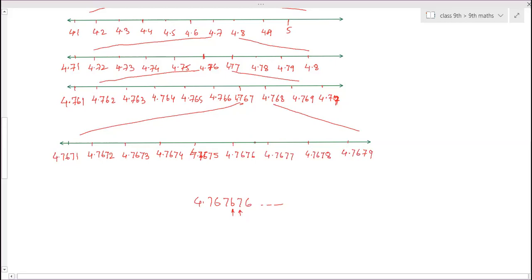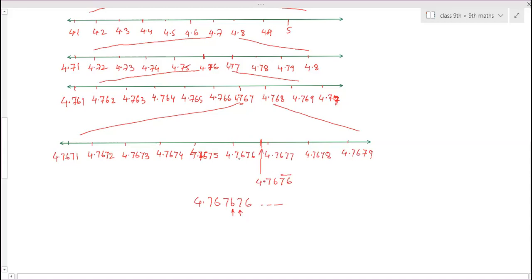So in this line, the 10 divisions we have to do. Out of that, the 7th division is 76767 will come. So that number is randomly anywhere closer. Now it is more than 5, so more than half a distance we have to mark here, and then we have to show that it is equal to 4.7676 bar.